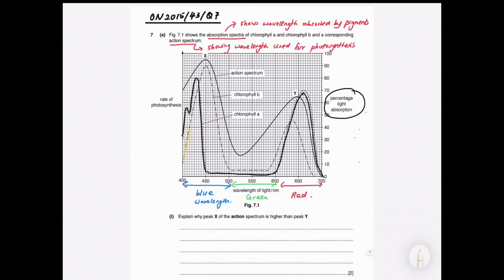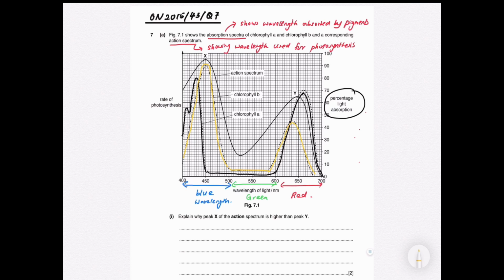It indicates that most of the photosynthetic pigments prefer to absorb blue and red wavelengths. From this graph, none of the pigments is absorbing between 500 to 600, which is the green wavelength. Therefore, plants are generally seen as green because they don't absorb green, but instead the green is reflected.